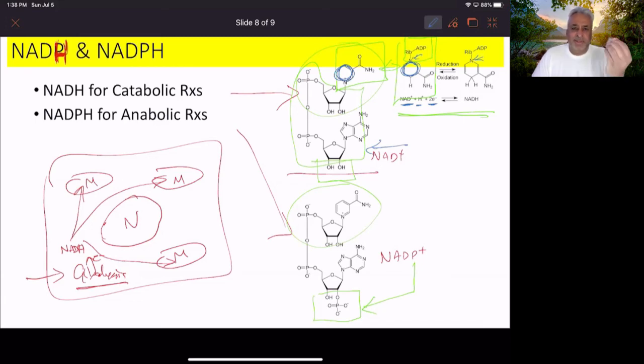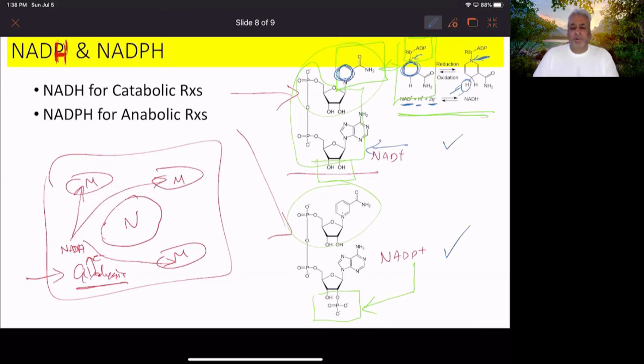It neutralizes the positive charge. And the second electron combines with the proton, and then it forms a hydrogen. And there's your hydrogen. So between this and this, that's where the passengers are now on board this molecule. And exactly the same thing happens with NADP plus and NAD plus.